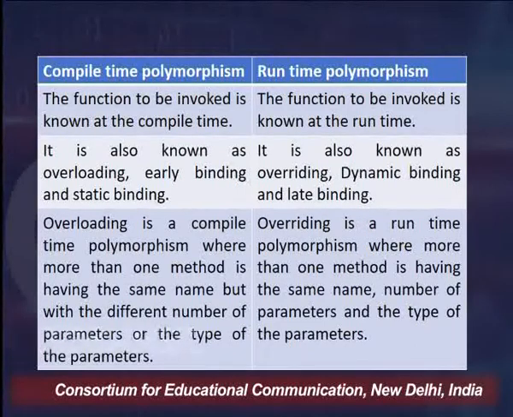So basically overriding is runtime polymorphism where more than one method has the same name, same number of parameters and same type of parameters, while in overloading, the compile time polymorphism, the name of the method is same, but the number or type of the parameters is different.